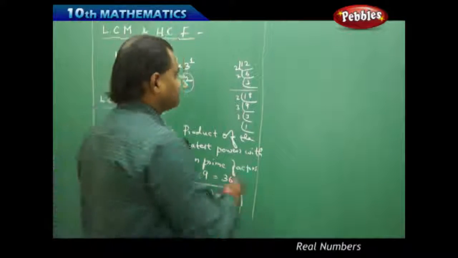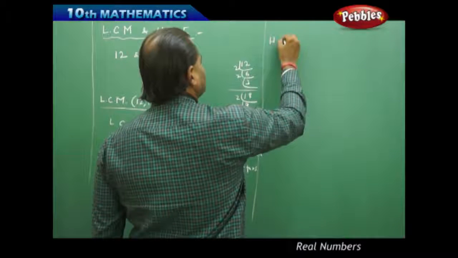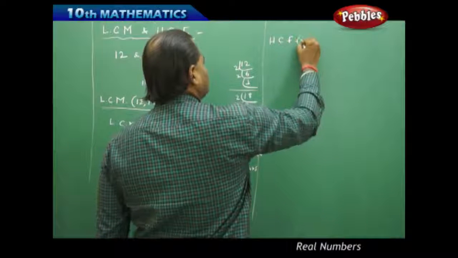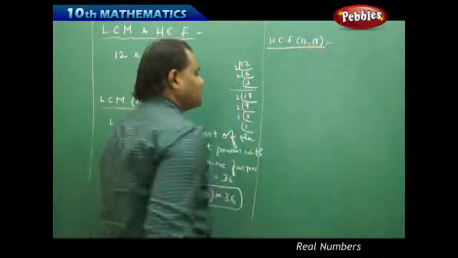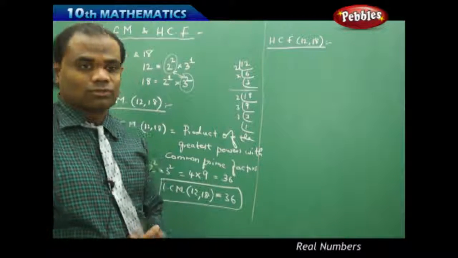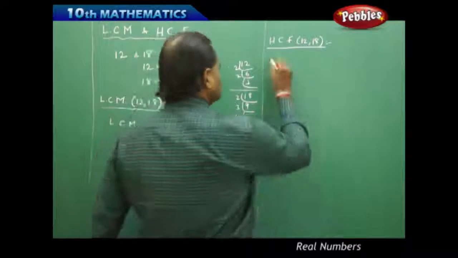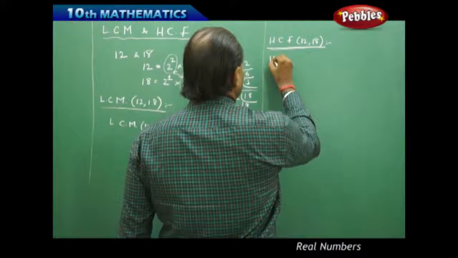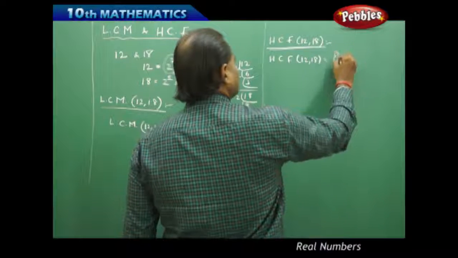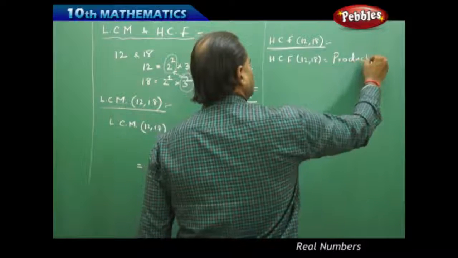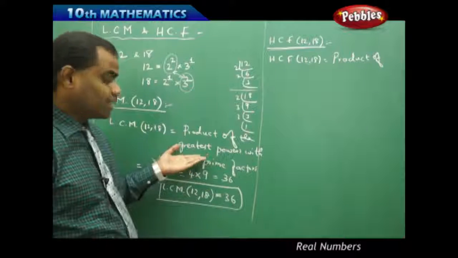Coming to the next, if I wanted to find the HCF of 12 and 18, the highest common factor of 12 and 18, then I also have a formula similar to the LCM of two numbers. The HCF is identified as the product of the least powers, where for the LCM we had the greatest powers.